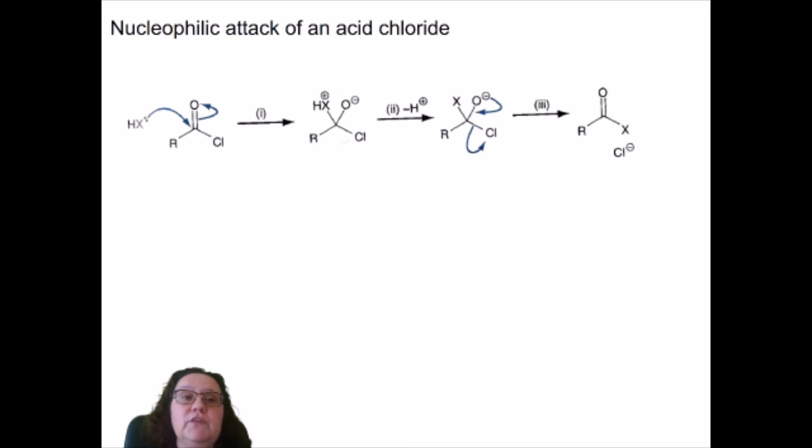Hopefully you stopped the video and had a go at all those nucleophilic attacks of the various fragments to an acid chloride, and in all the cases this is the general structure.